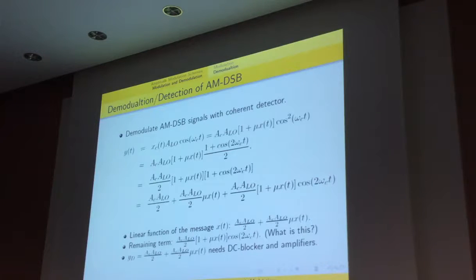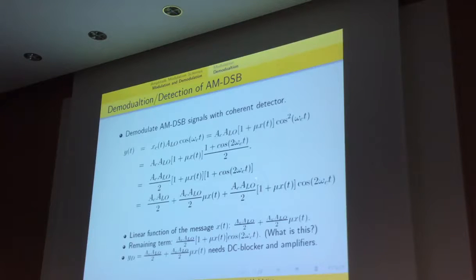Okay? How about this one? Can you recognize what this is? What's the expression for this one? Let's say AC times ALO divided by 2 is AC prime.